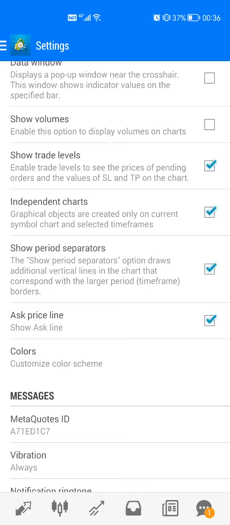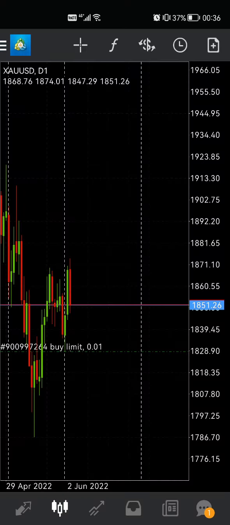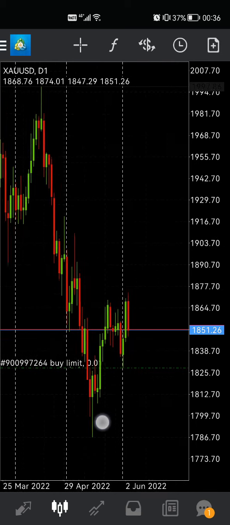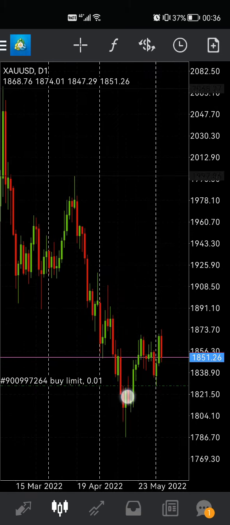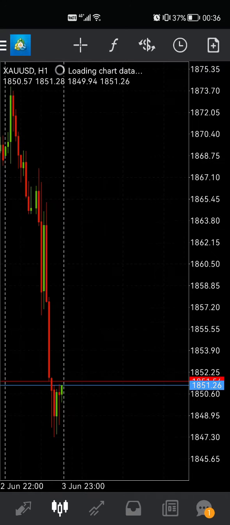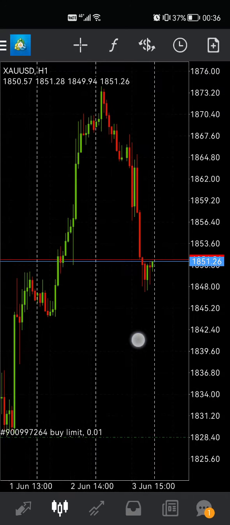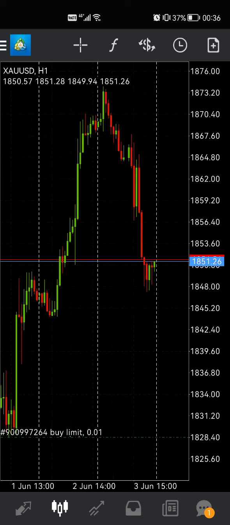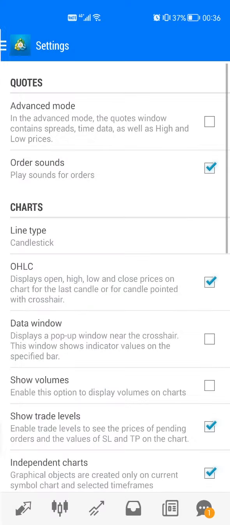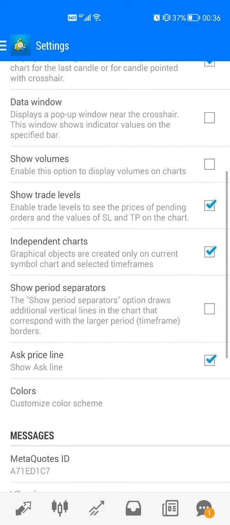If you check your chart right now, it has been separated into months. If you come to H1, it is separated into days. So a period separator is used to separate days, months, and weeks. I don't like adding period separator, so I remove it.